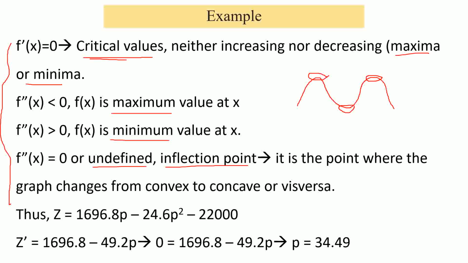By the way, here are the maximum points, but here is a minimum point, that is a critical point, and this point, this point and this point are the inflection points.